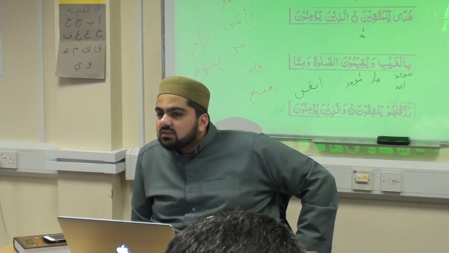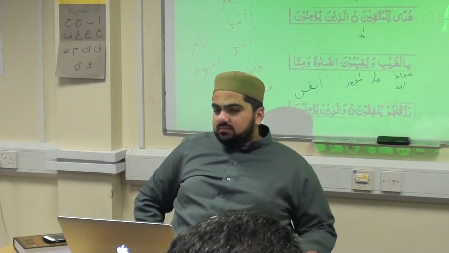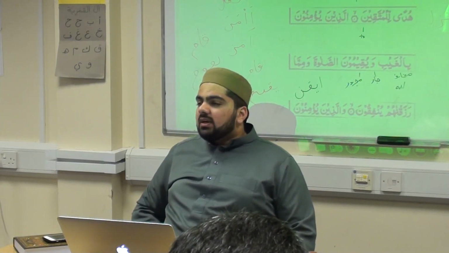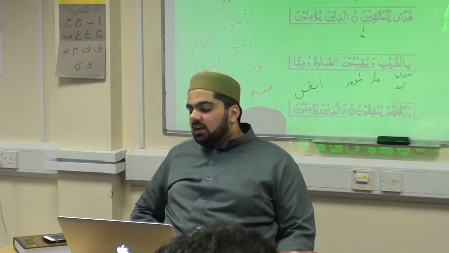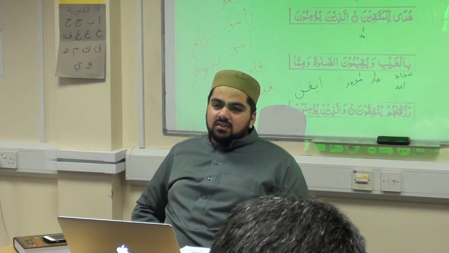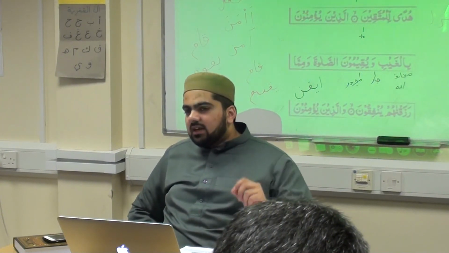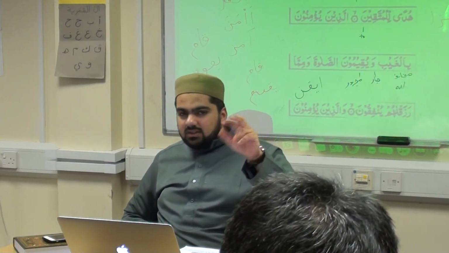What's the sign of it being marfu? Una. Good. Ala hudam min rabbihim, the whole thing is meant to be marfu, but it hasn't got the sign because it's broken into pieces. You don't just say ala hudam min rabbihim-un. The whole khabar is marfu generally, but it's broken down. Remember we spoke about the different types of khabar.